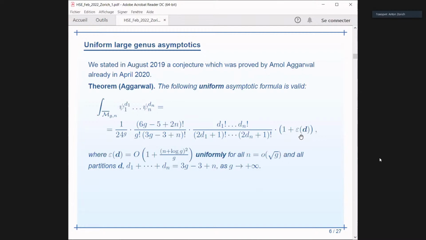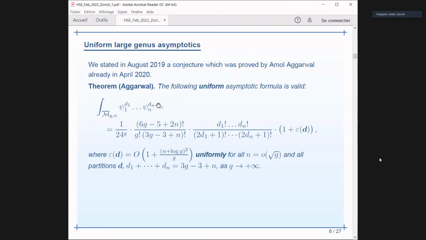The table is relatively tricky, but not very tricky. And the main point is the following. If you allow partitions with small values of d, say if you allow values 0, this is one story.